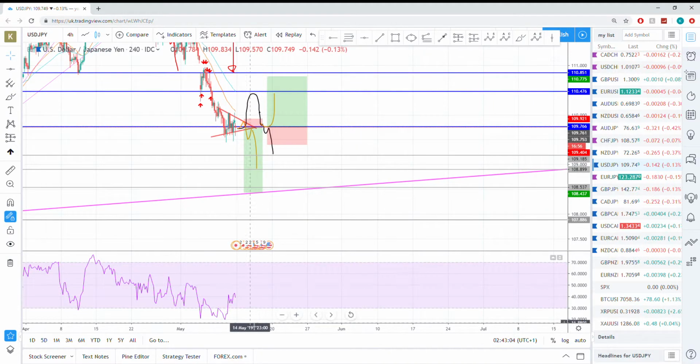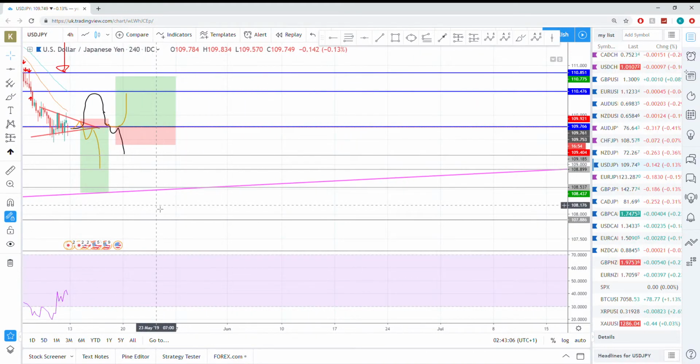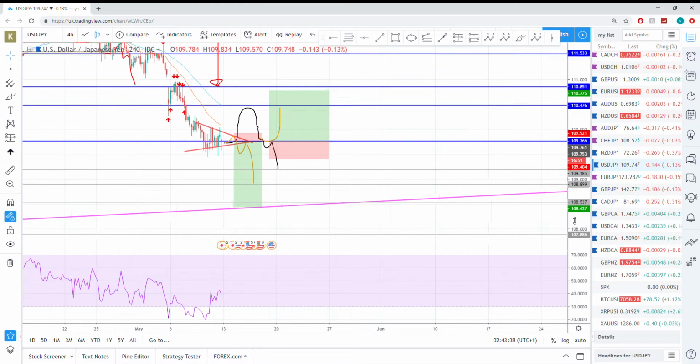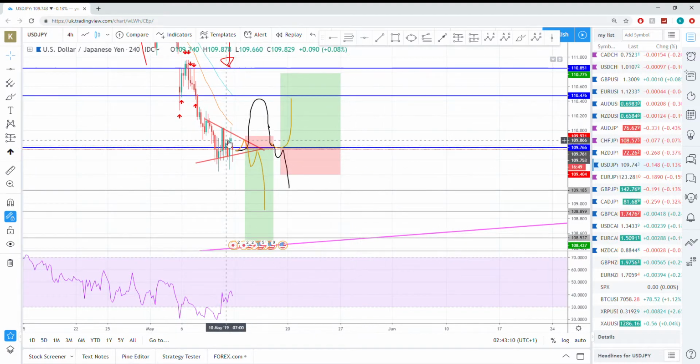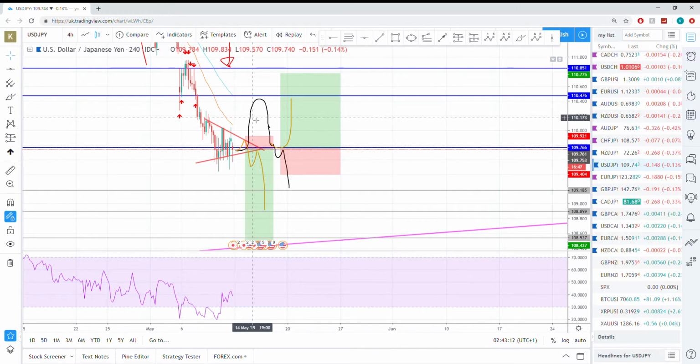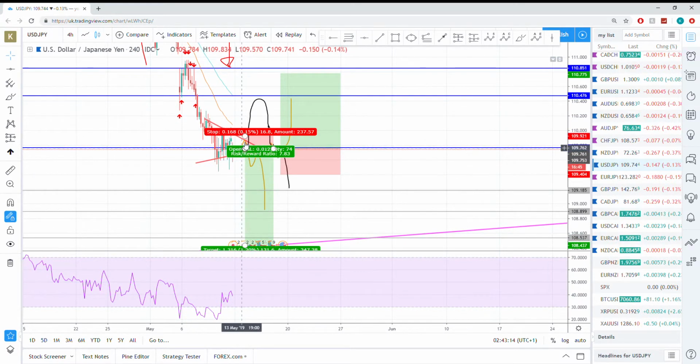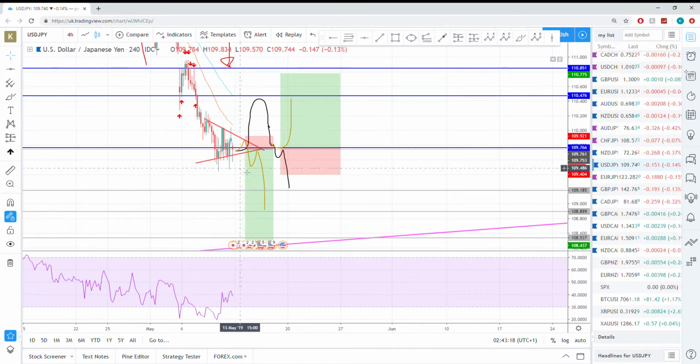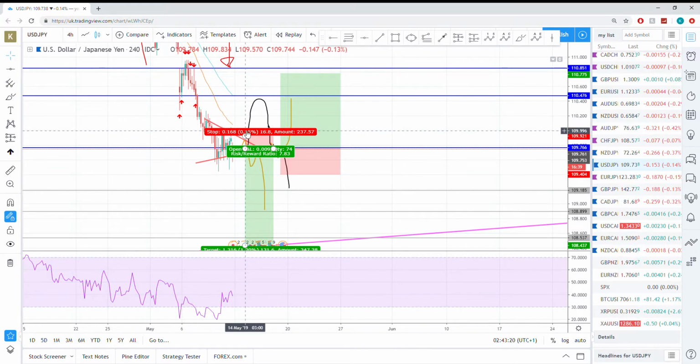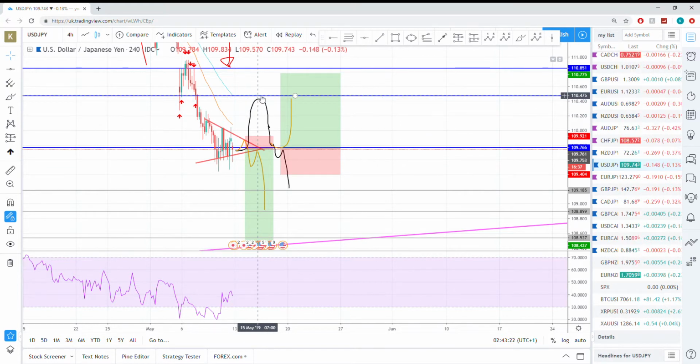We just need to wait for USDJPY to make its final decision. If we do get a breakout in the bullish momentum, the upward side, I just want to see it confirming that we are fully leaving this pennant, and then I will be looking to enter to this key level here.